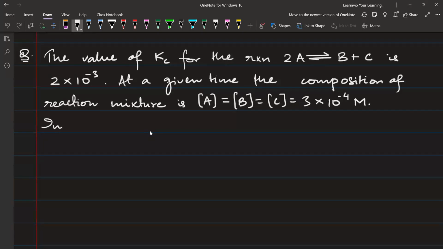In which direction will the reaction proceed?